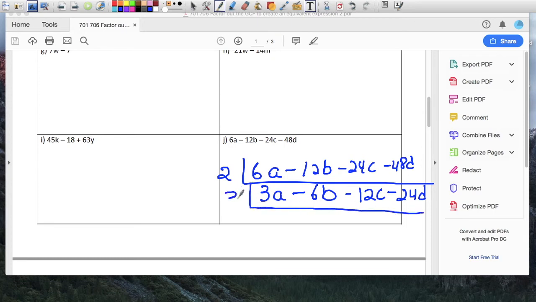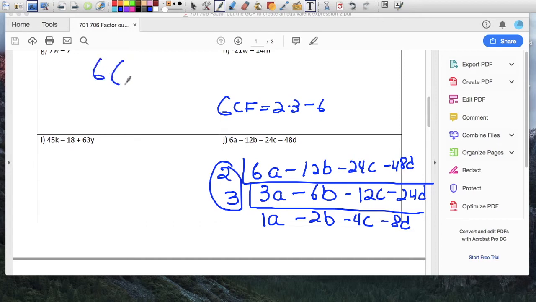Likewise, you can use a 3. You have to continue. 3 divided by 3 is 1A, or just A. 6 divided by 3 is 2, or 2B. 12 divided by 3 is 4, or 4C. And 24 divided by 3 is 8, or 8D. So final answer, the GCF is 2 times 3, which is 6.